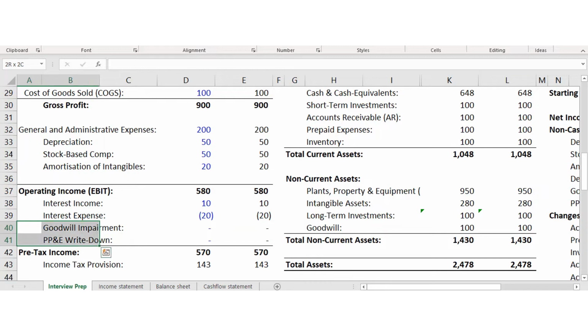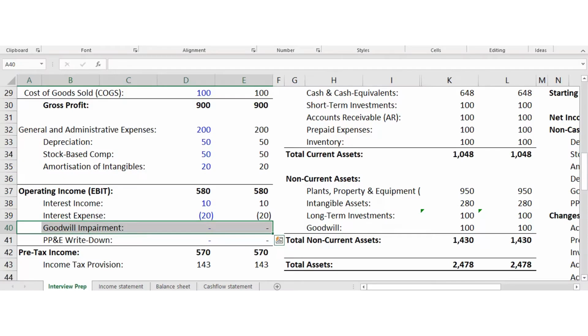Goodwill impairment. Now, goodwill impairment is another type of cost that pretty much arises when one company buys another company. But when you buy another company, the value which you've paid for that company, whatever is above book value, essentially assets minus liabilities, whatever is above that is goodwill.